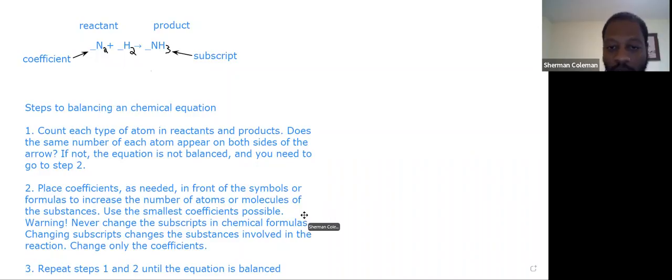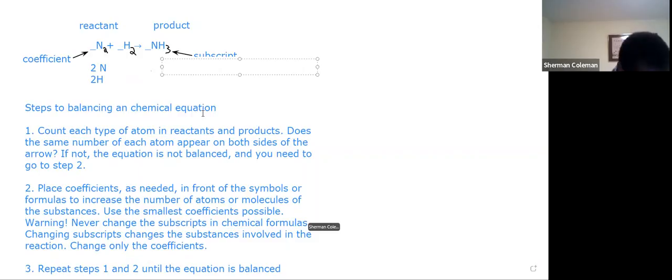On our reactant side first, we see there are 2 nitrogens and 2 hydrogens. And on our product side, there's one nitrogen, and there are 3 hydrogens.